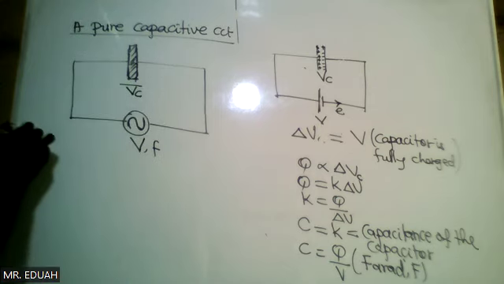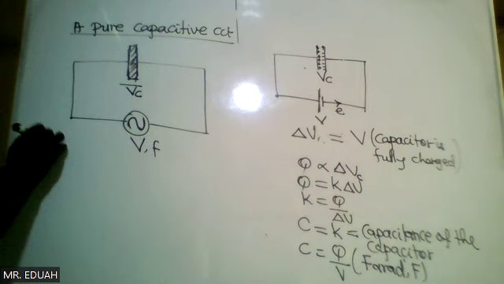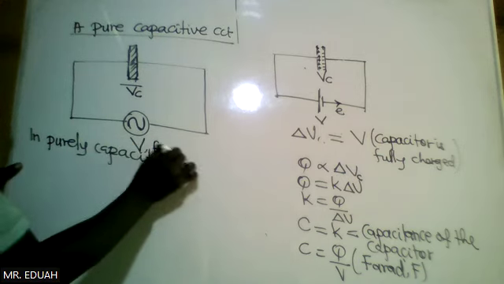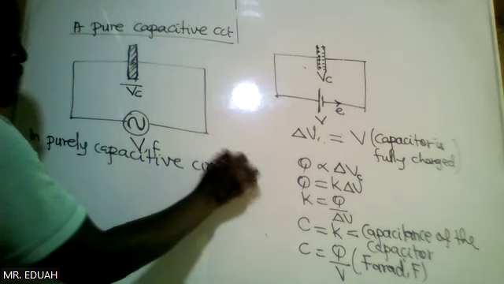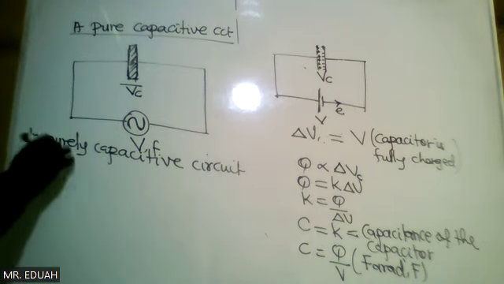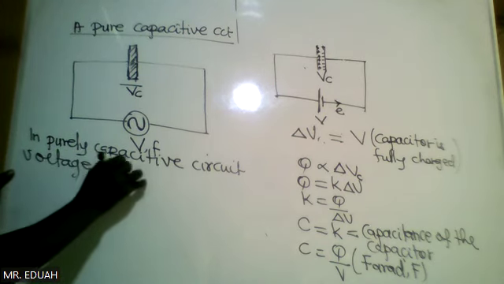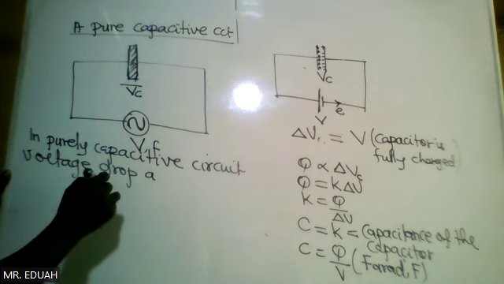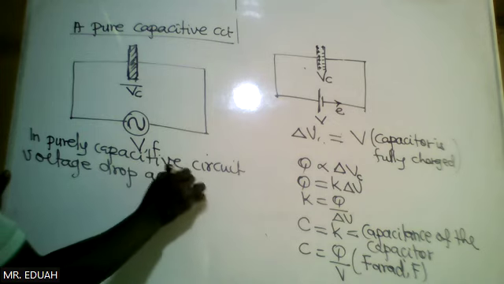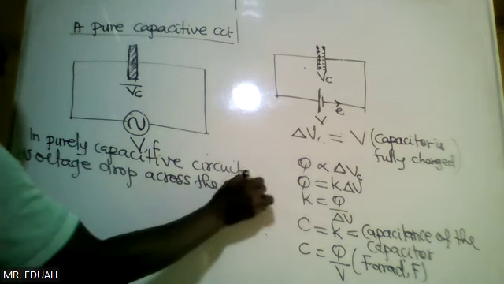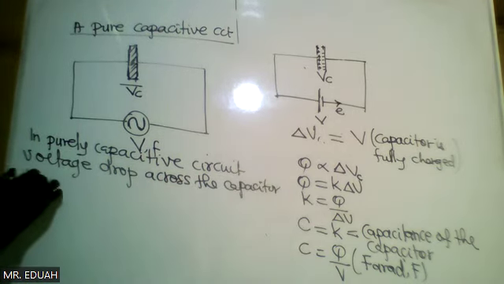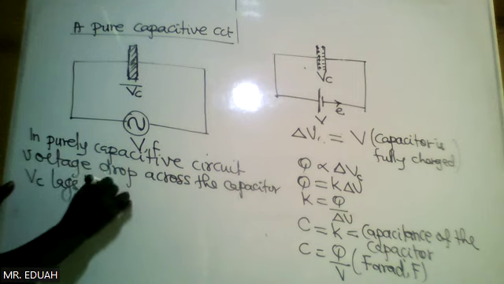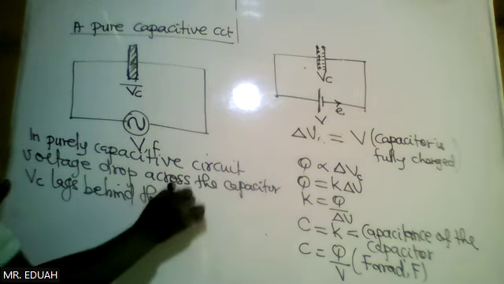VC. So in a purely capacitive circuit, the voltage drop across the capacitor, which is VC, lags behind the alternating current.